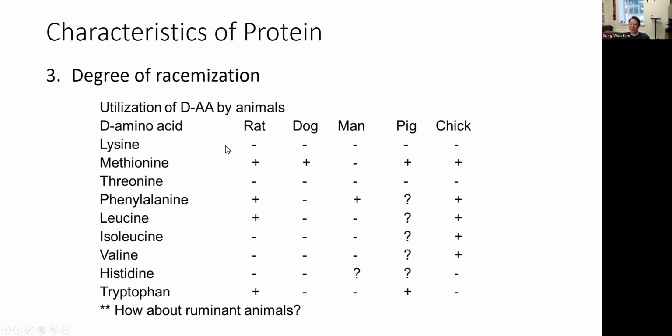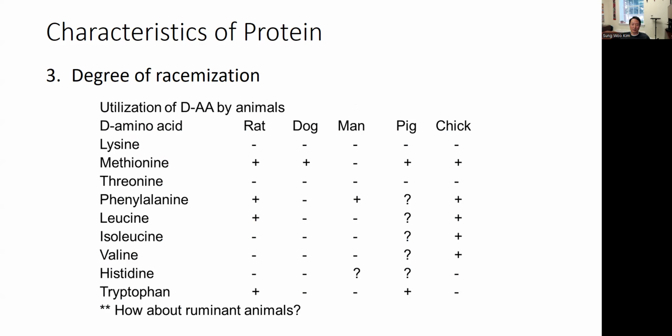This is the summary from so many research papers showing the ability of the animals that can utilize D-type amino acids. That means when I say utilization of D amino acid, that is the ability of animals that can convert D amino acid into L amino acid in their liver.